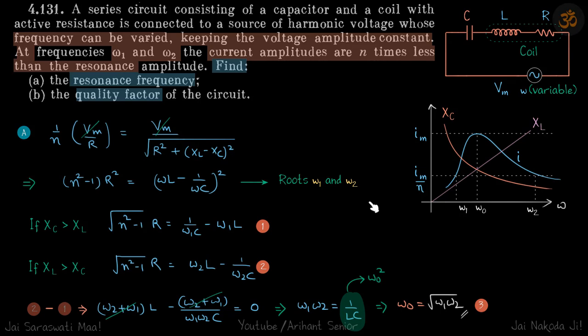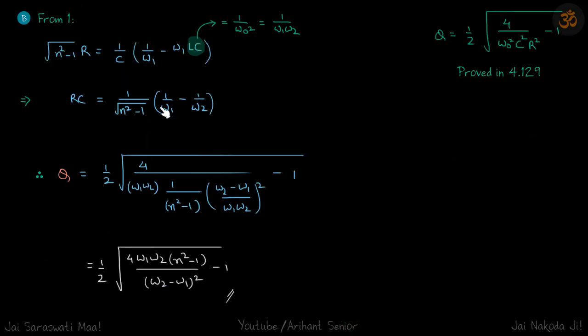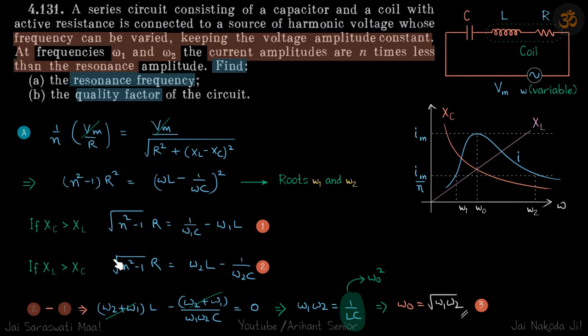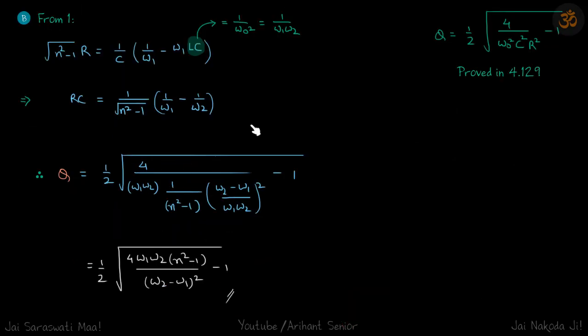Now in the second part, the quality factor. If we just take one of these equations, let's take this first equation. From here, I've just rewritten this equation by taking C out.